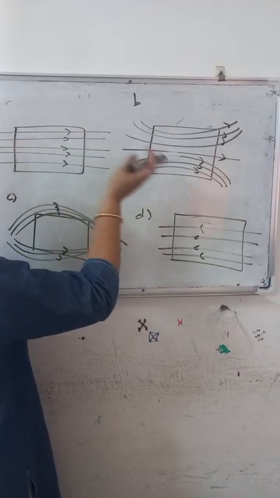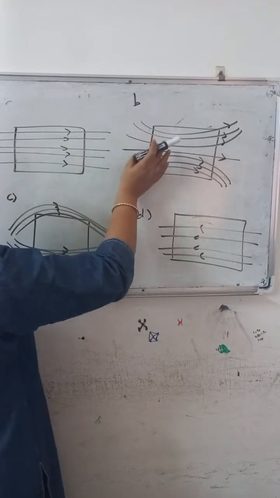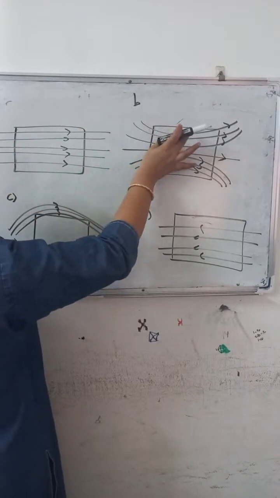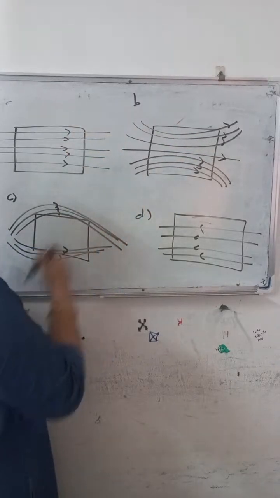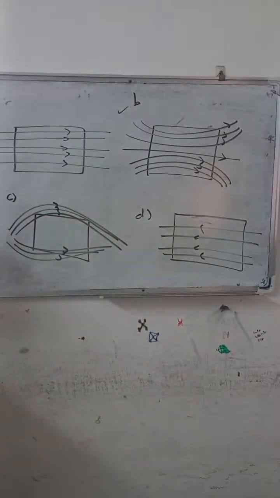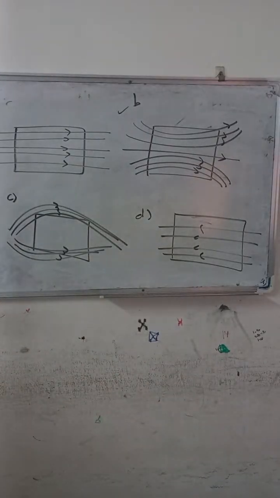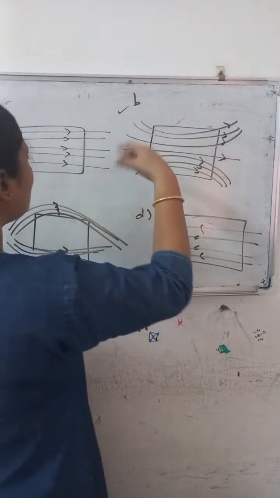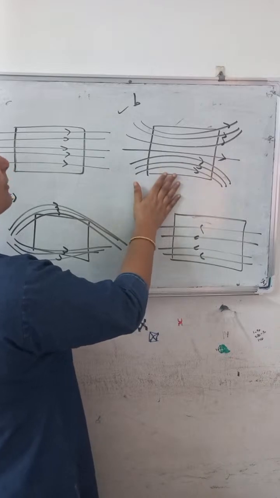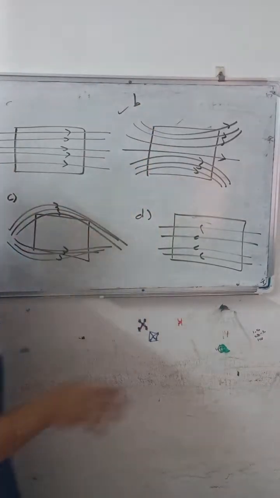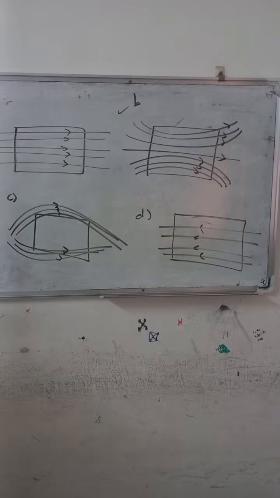All the lines are more crowded, more concentrated. The field lines here have more strength. So option B is the correct option, and this we can observe because here the density is more, that means here relative permeability is also more, and this kind of nature we can observe in the ferromagnetic material. So option B is the correct option over here. Getting this?